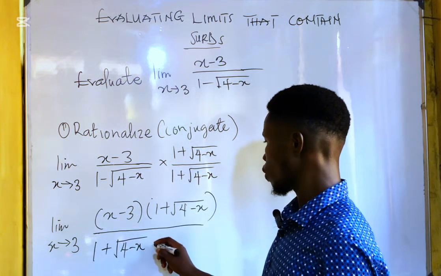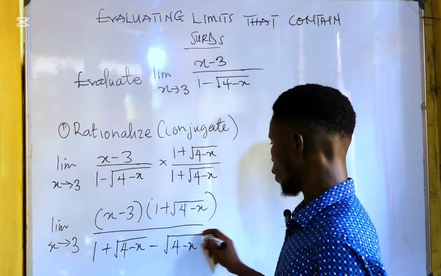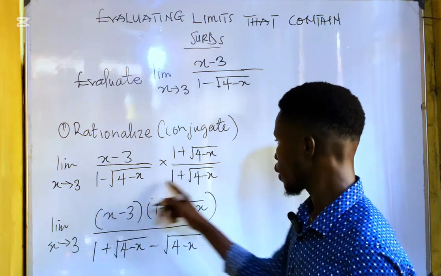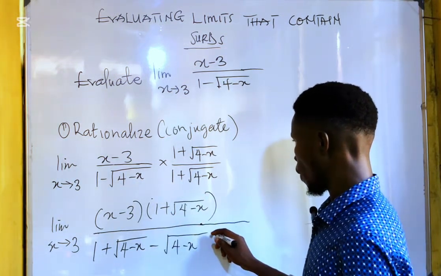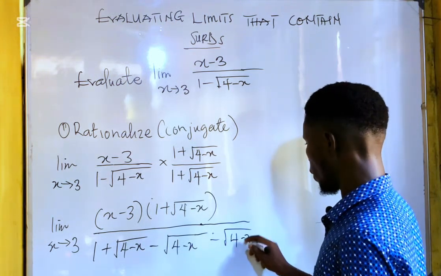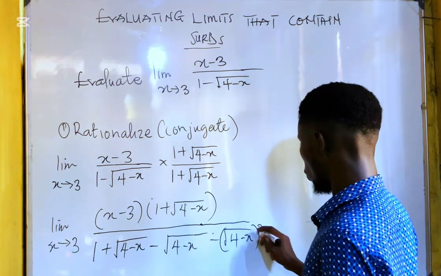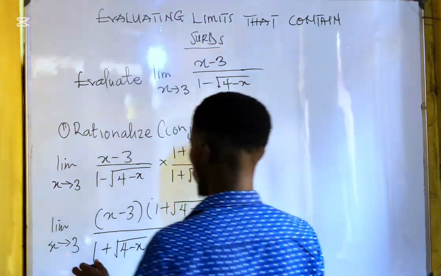This times that will give you minus the square root of 4 minus x. Then this times that is going to be minus the square root of 4 minus x, all squared. Is that okay? Good.